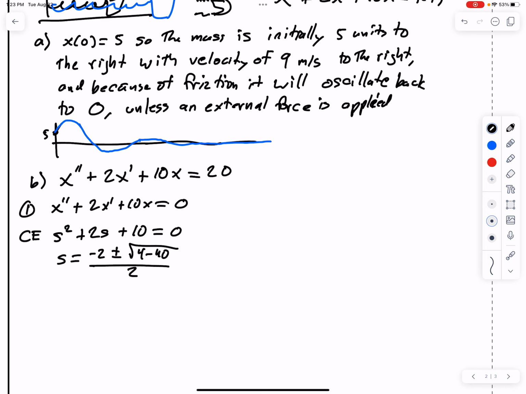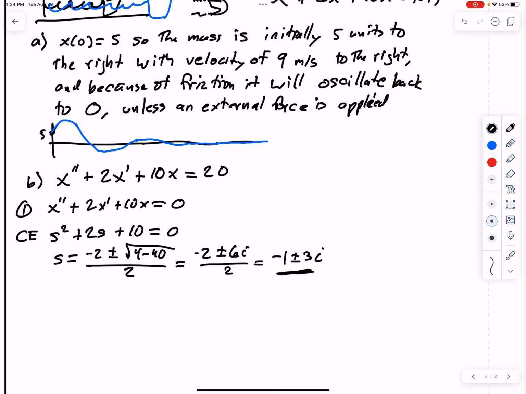4 minus 40 is -36, so the square root of that is 6i. So this is -2 plus or minus 6i over 2, or -1 plus or minus 3i. So we're getting complex roots, and we take those complex roots and turn that into a solution.